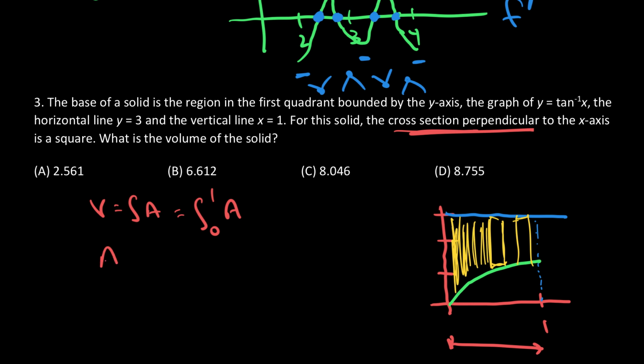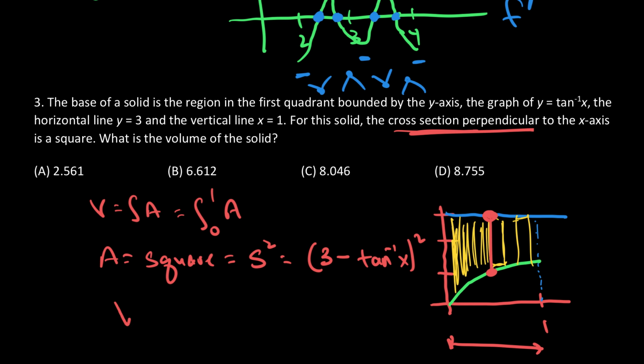What is the area? The area is a square, and in this case that would be side squared. The length of a side goes from this line 3 to the tangent line, so that would be 3 minus the inverse tangent of x, squared. That's how we get that area.